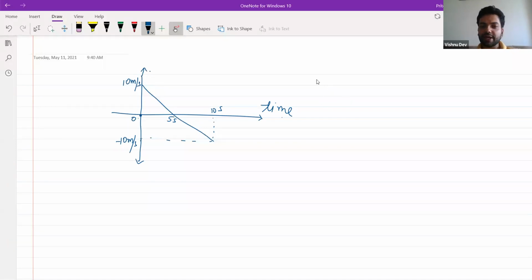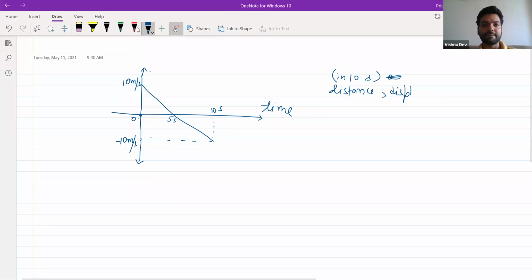Quickly try to find out distance as well as displacement in 10 seconds.